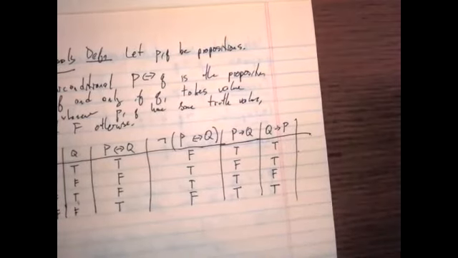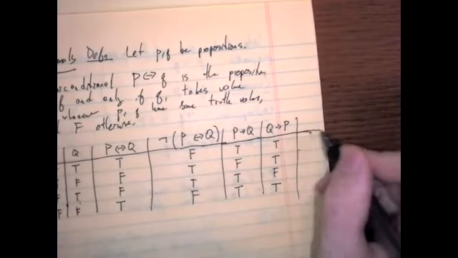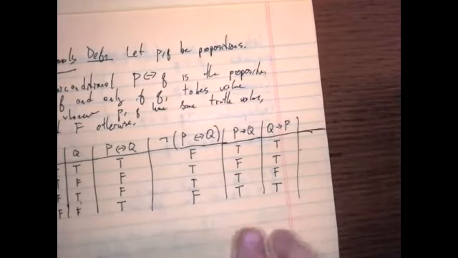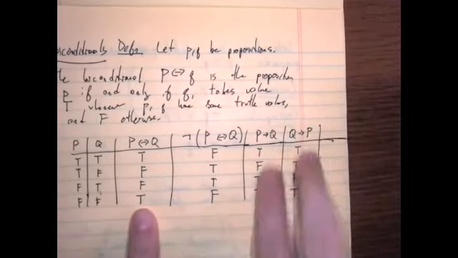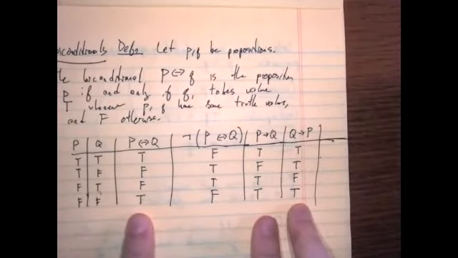Is this correct? Yes, this is correct. Can someone find a way to combine these two lines of the truth table in order to get P if and only if Q?